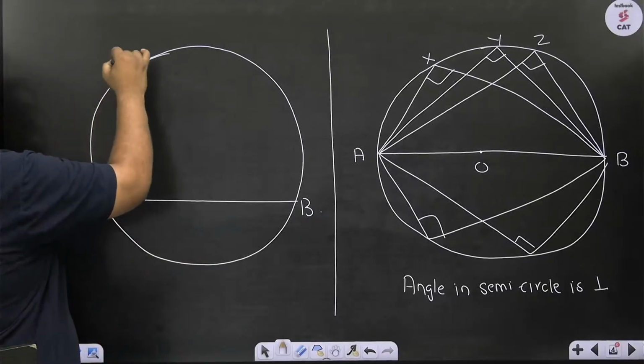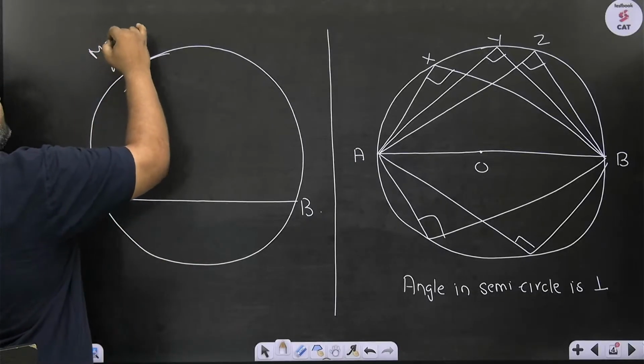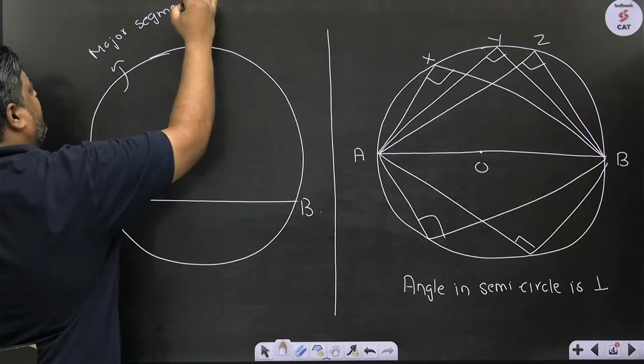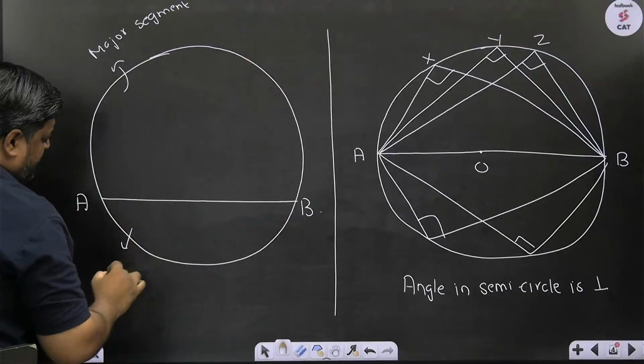So this is nothing but a major segment. इसको हम लोग क्या बोलते हैं? Major segment. और नीचे को बोलते हैं माइनर सेगमेंट.